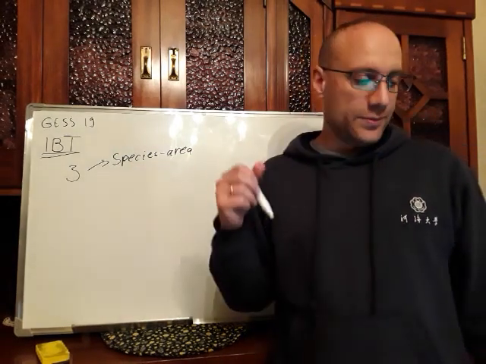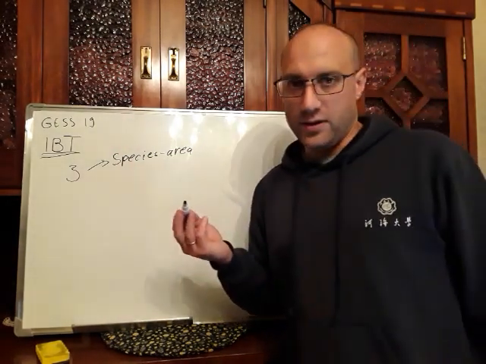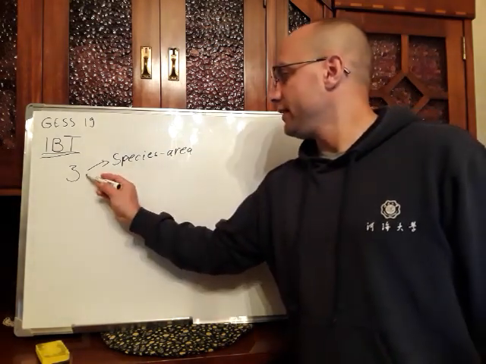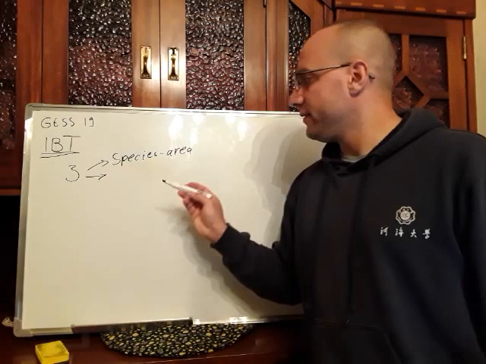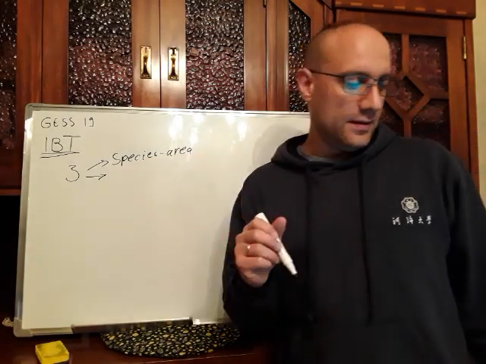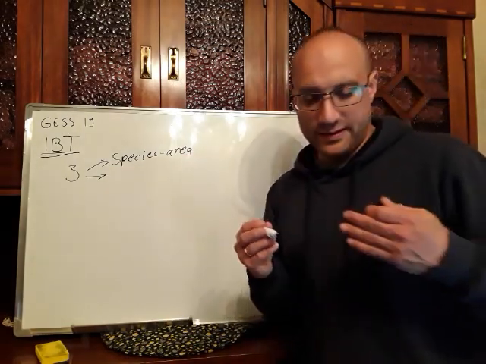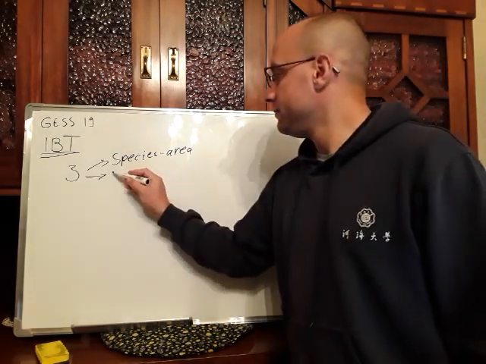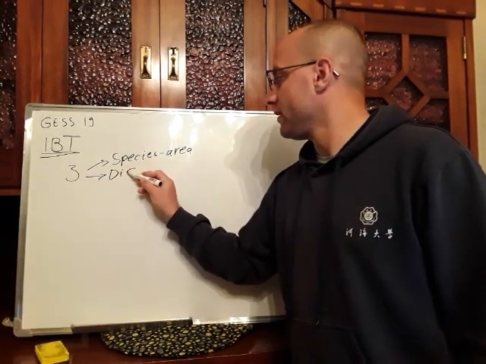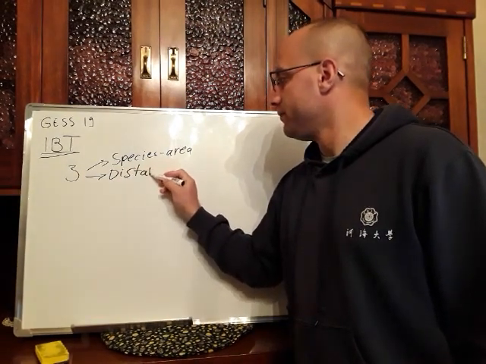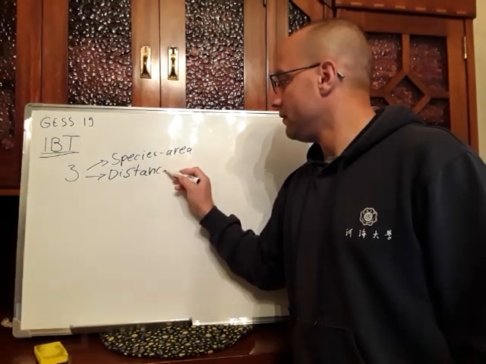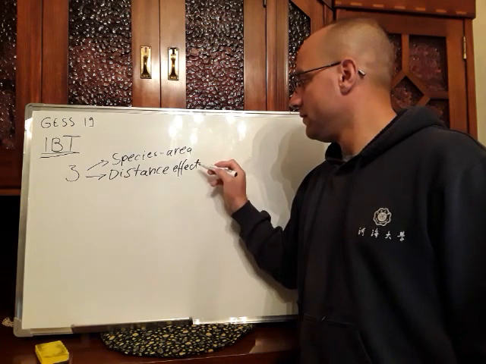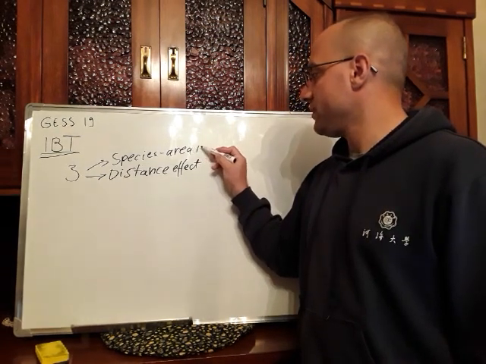There is also what is based on the distance between the continent and the number of species. So that will be what is the so-called distance effect. So this is a relationship I just put here.